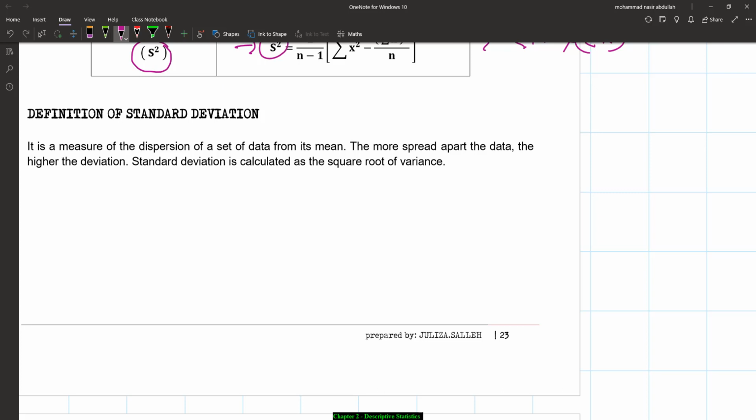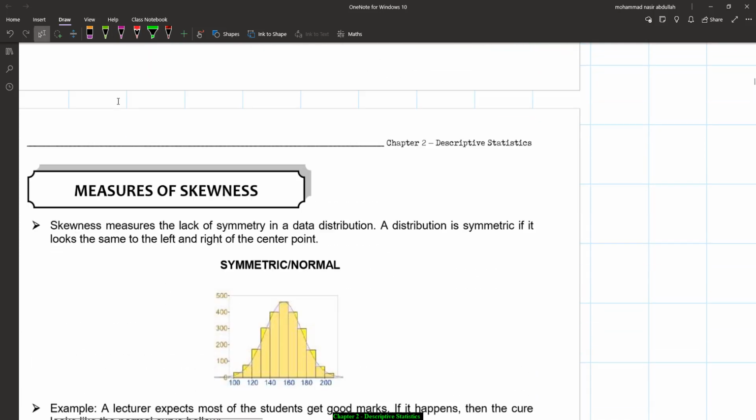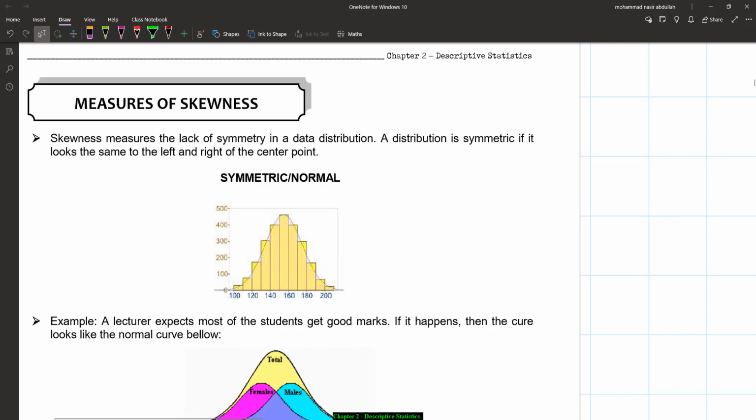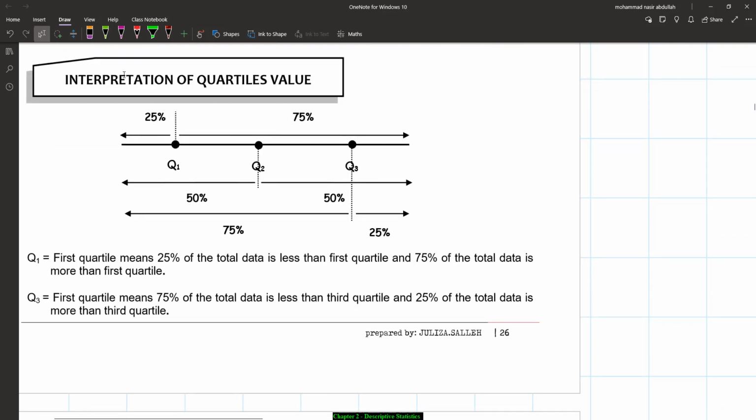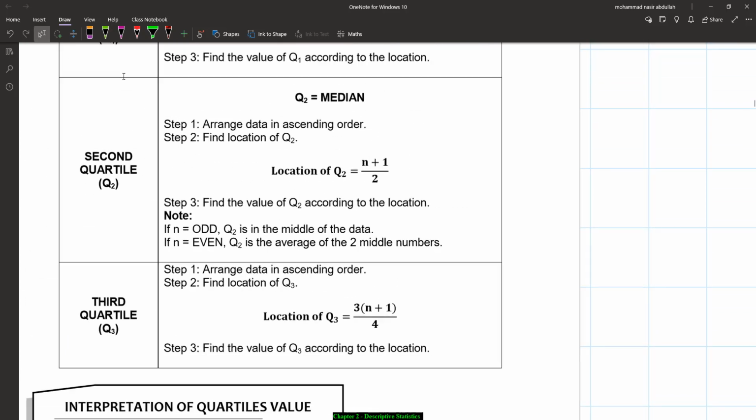So the more spread the data, the higher standard deviation or variance. The more clustered the data, the smaller variance or standard deviation. Right? Are you okay? Boleh? Let's look at this topic, and then we take a 5-minute break. Right?